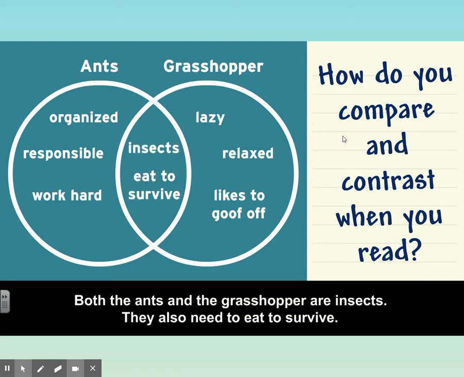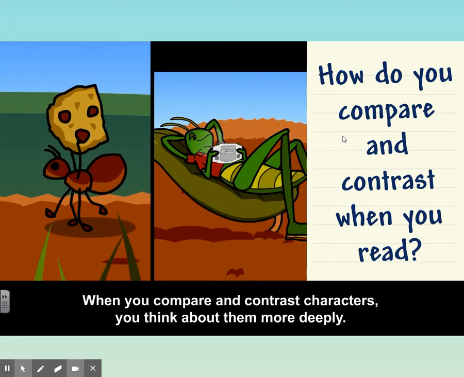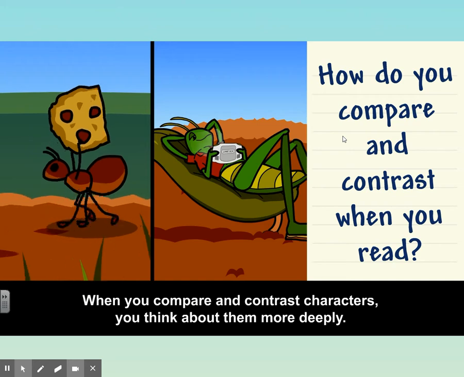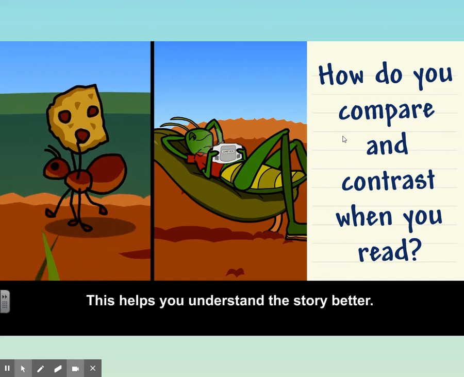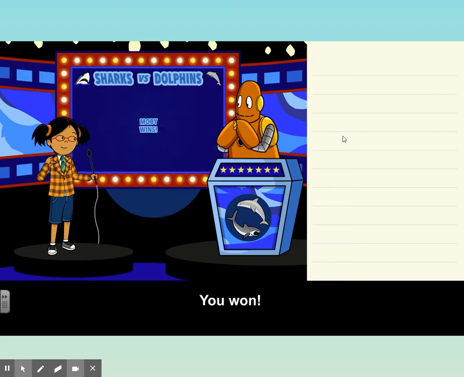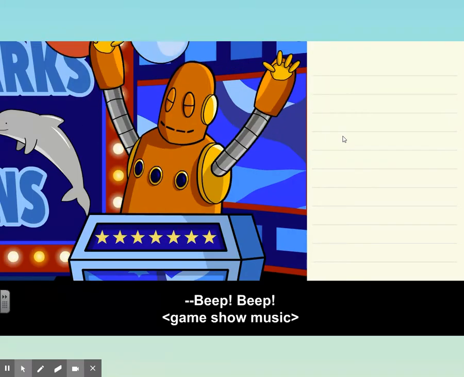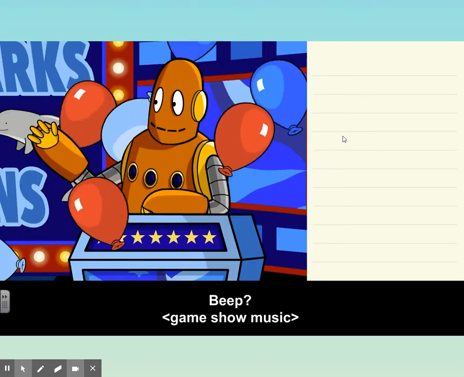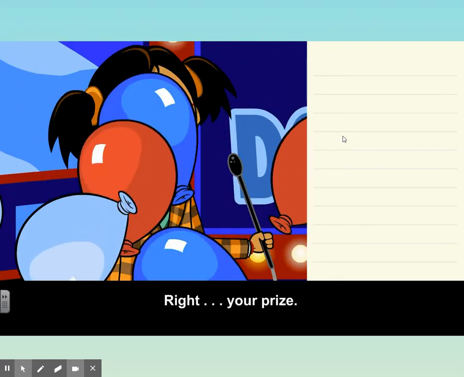They also need to eat to survive. When you compare and contrast characters, you think about them more deeply. This helps you understand the story better. That was a fun game, Moby. You won! Right, your prize.